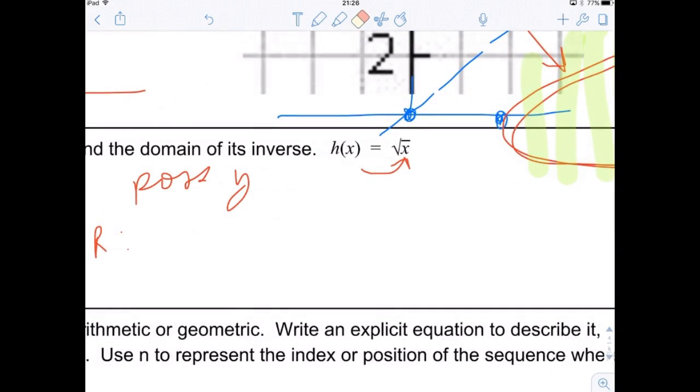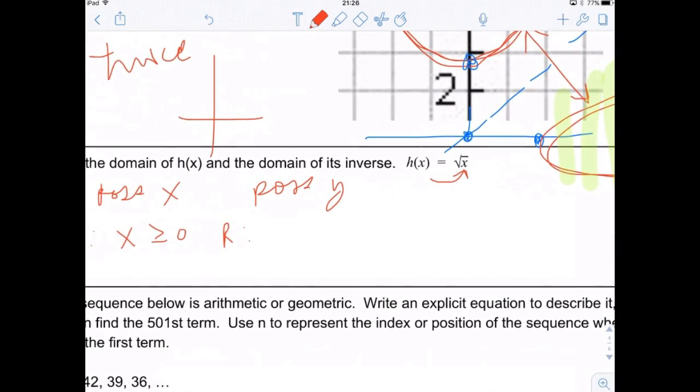So the y values are all going to be positive numbers. Is it going to be greater than or equal to 0, or greater than 0? If we put x equals 0, which is allowed, into the root sign, then the square root is going to be 0. So I would say that it's greater than or equal to 0.